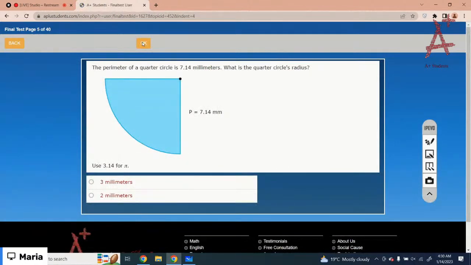Okay, the next one is what is the perimeter of the quarter circle? You have to calculate the perimeter of the quarter circle. You have to use the formula to calculate the perimeter of a quarter circle.